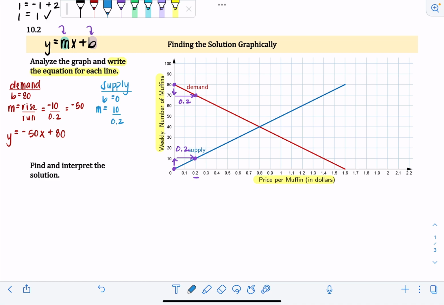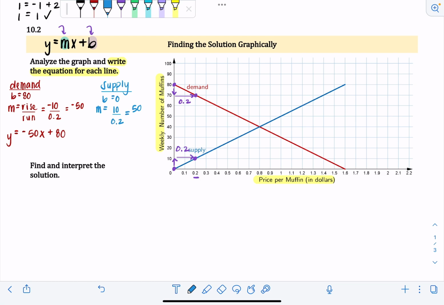Now 10 divided by 0.2 is positive 50. So they're almost the same slope. One is just positive, one is just negative. You wouldn't necessarily be able to guess this from the graph, but it makes sense because the angles of the lines are really similar. One is just going up and one is going down.